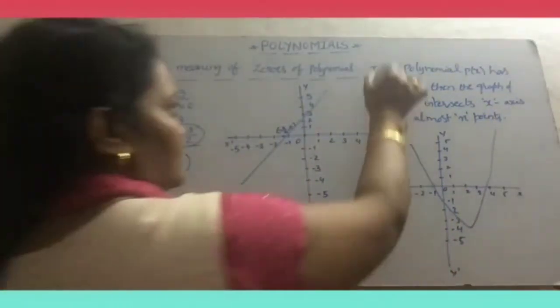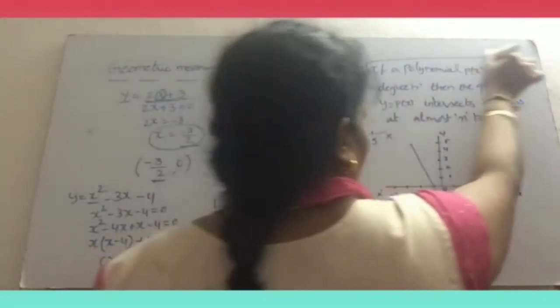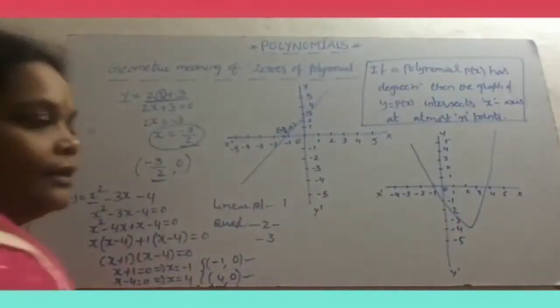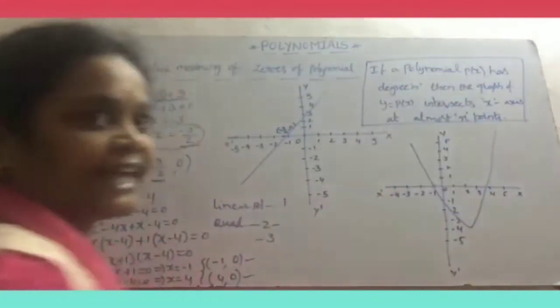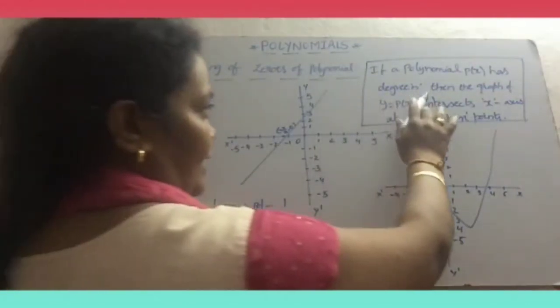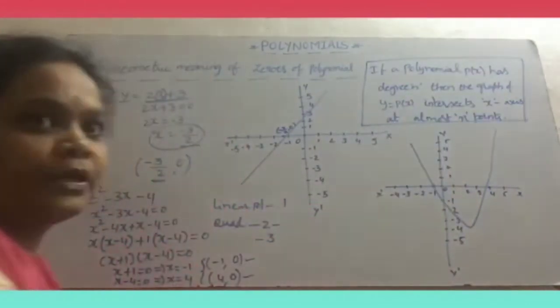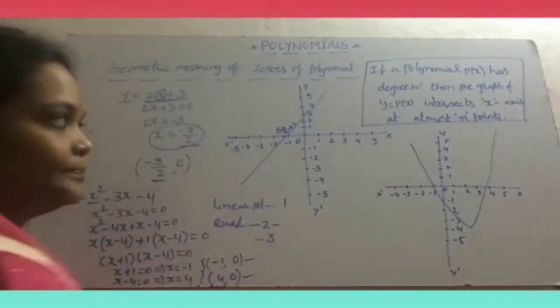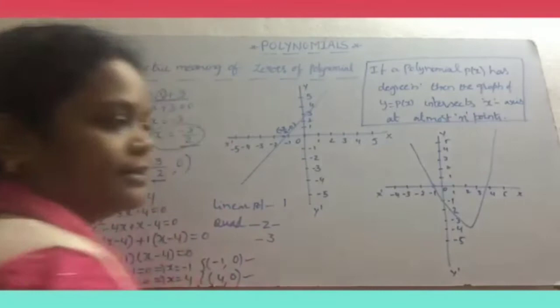So, if a polynomial P of x has degree n, then the graph of y equal to P of x intersects the x axis at most n points.